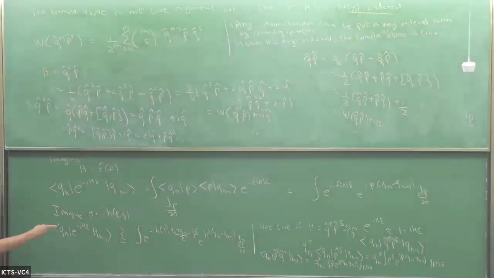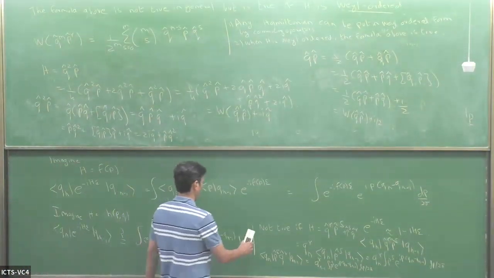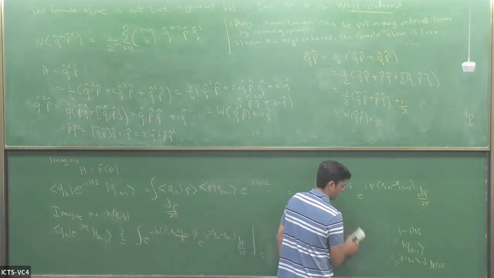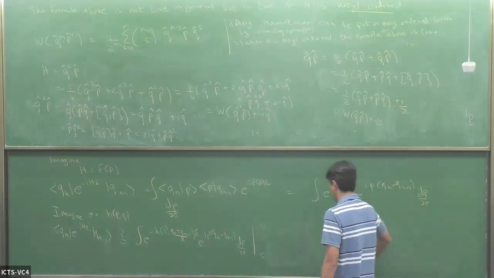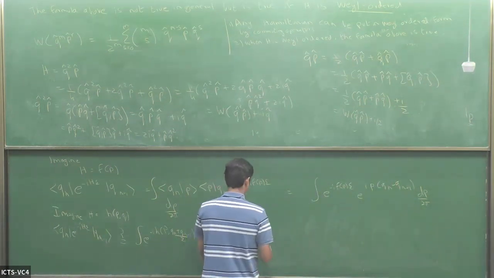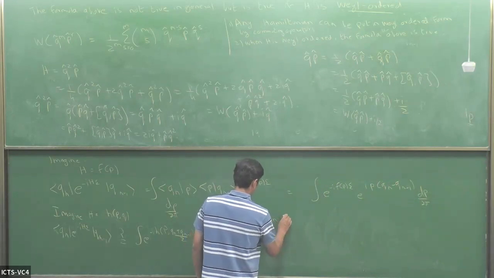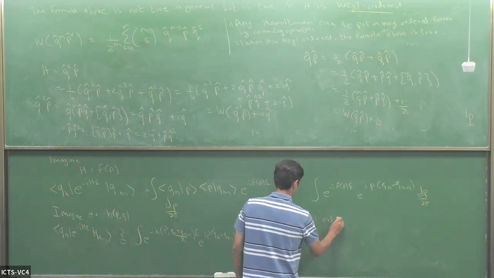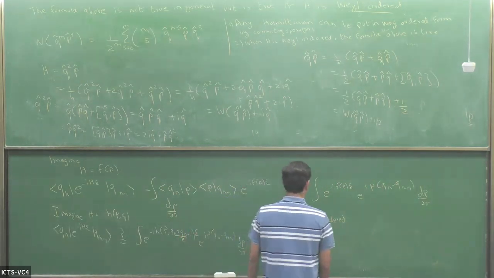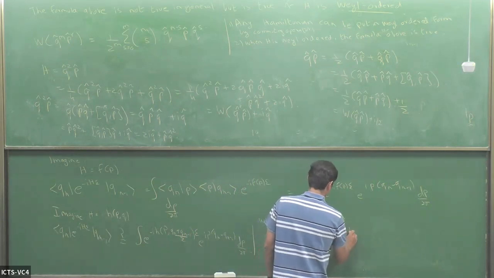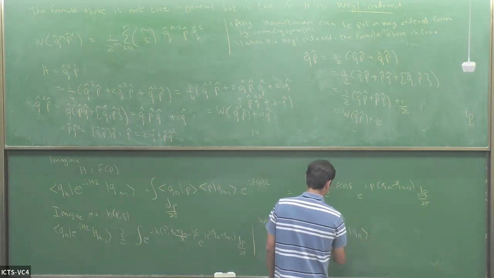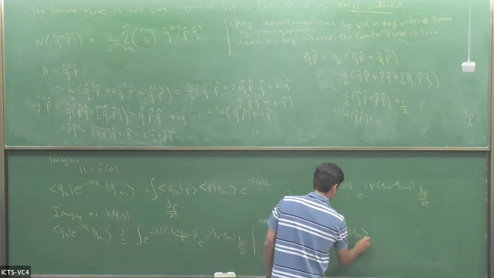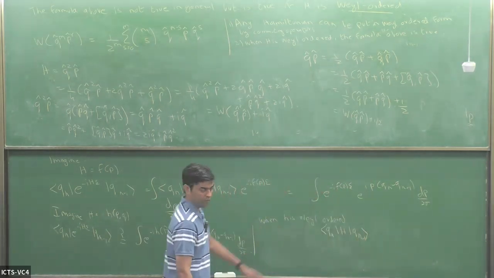In the case when H is Weyl ordered, what we need to evaluate is the expectation value of H, this is qn minus 1. This is the expectation value we want to evaluate, right, of H in this.